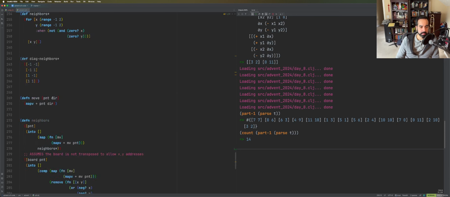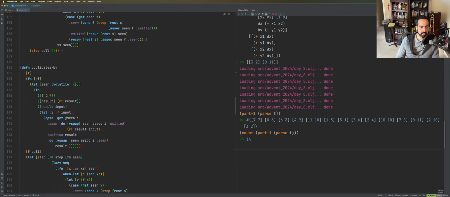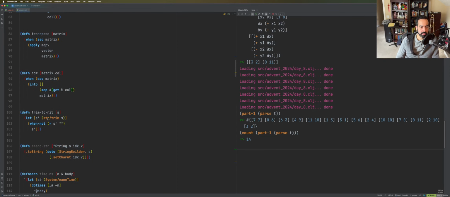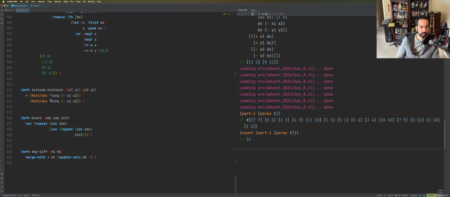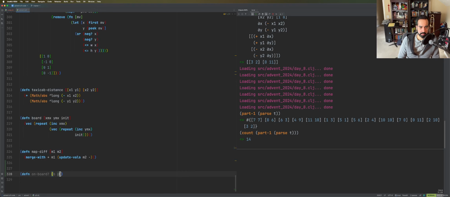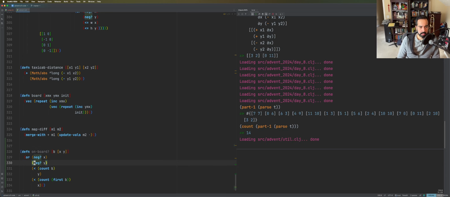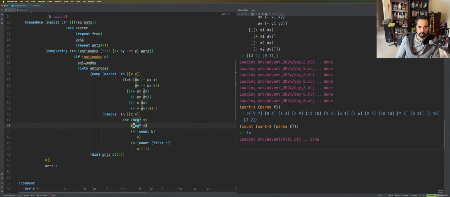you know what we want? We need an onboard? question mark. Define onboard for a board B and a point P that does this, right? X and Y. So fill, wait.